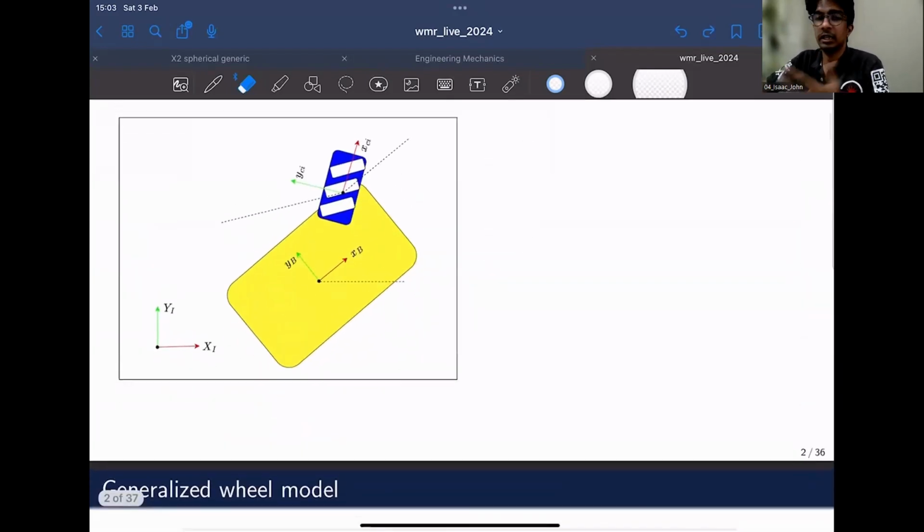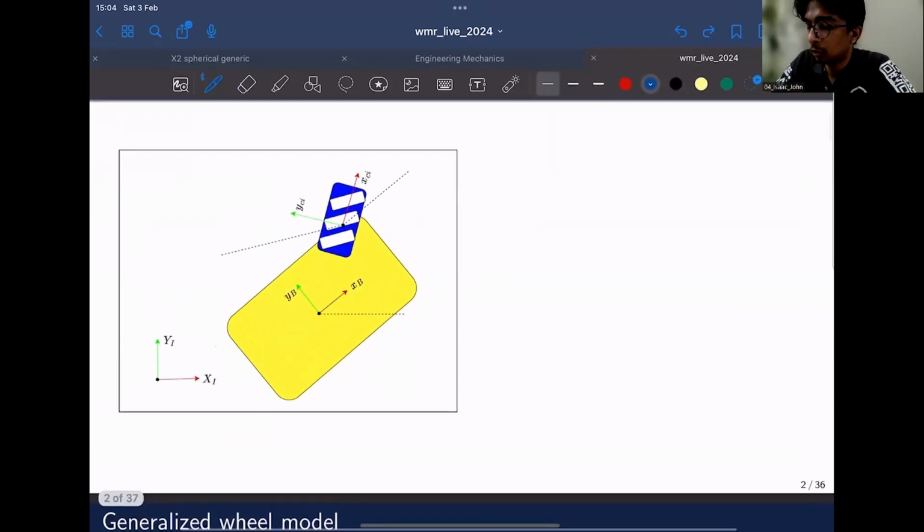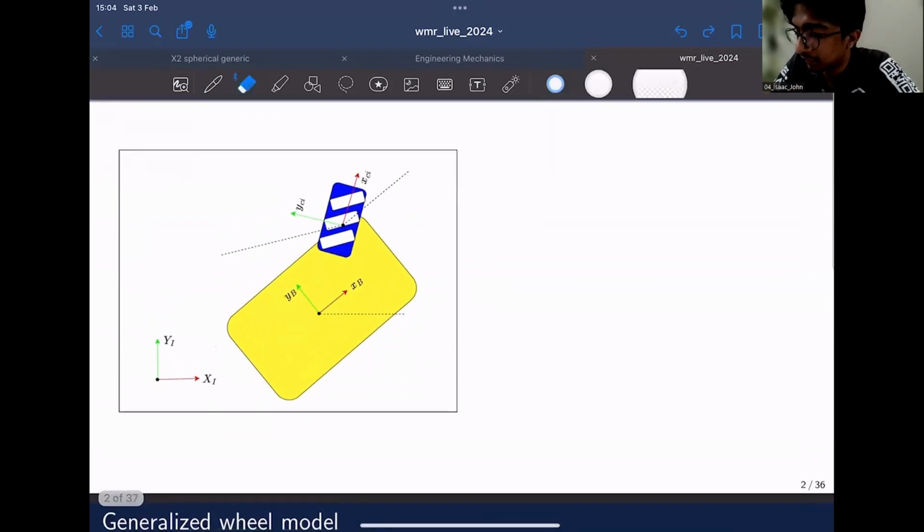So we'll review how to derive the generalized wheel kinematic model. If you have gone through the lecture videos, you might have come across various kinds of wheel mobile robotic configurations. We have differential drive. I hope you can remember all these different names that I'm putting here.